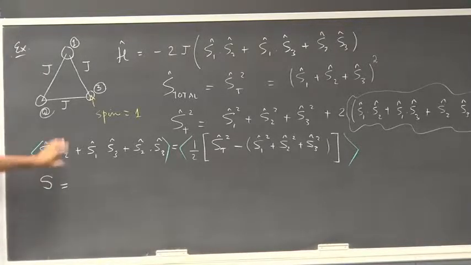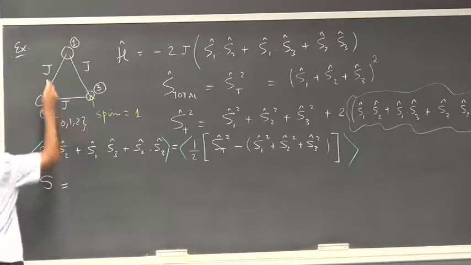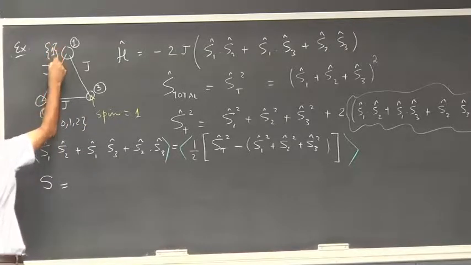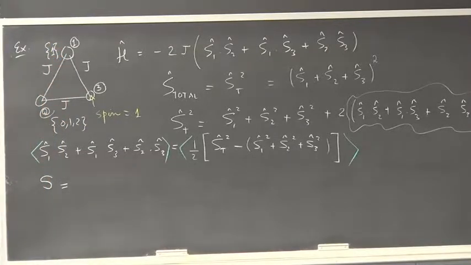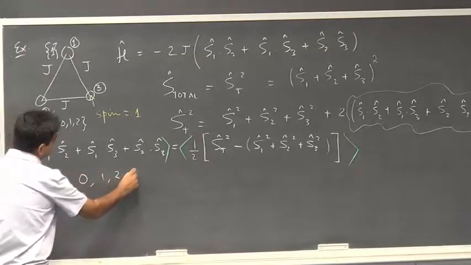First we add 2 of them. When we add 2, what do you get? I get 2, 1 and 0, so 0, 1, 2. So for two spins I have the possibilities 0, 1, 2. Now I add the spin quantum number of the third to this. I can get 0, 1, 2, 3. So S takes up 4 possibilities: 0, 1, 2, 3.